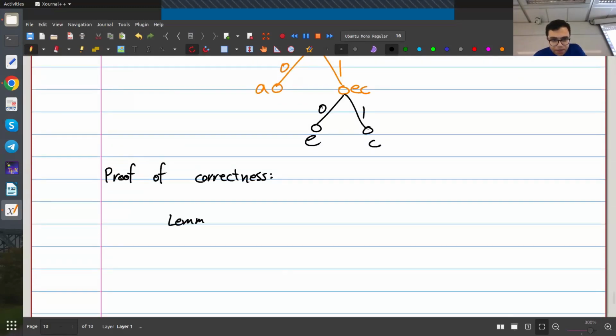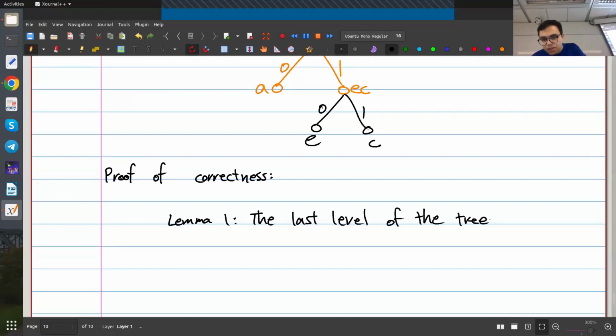So this is my first lemma. I'm going to say the last level of the tree has at least two nodes. Now, what tree do I mean? I mean any tree in the optimal solution, or in any optimal solution.